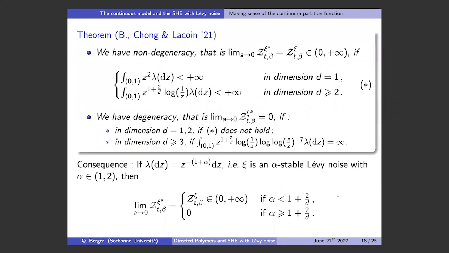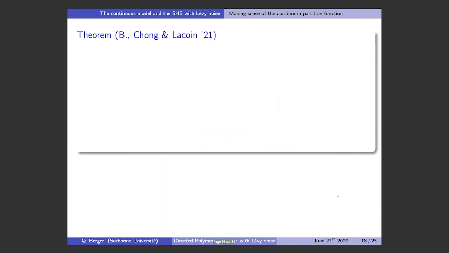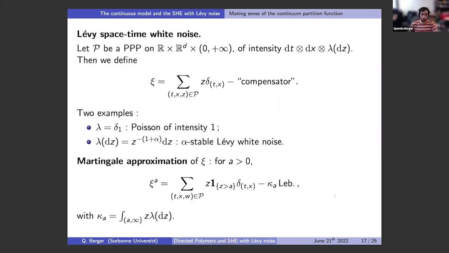So you say that if you do the truncation to psi with a parameter a, then your truncated partition function is a martingale. So what is the filtration for this martingale? Okay, so the filtration is the points of your Poisson point process that are larger than a.